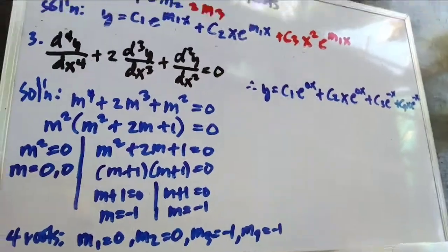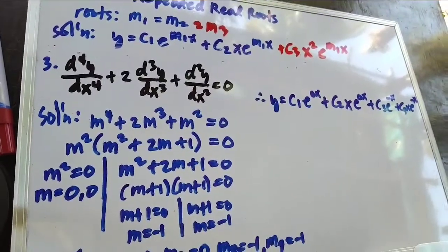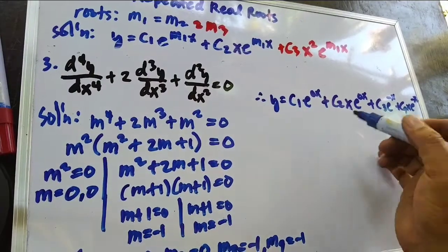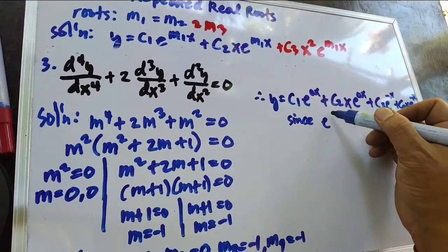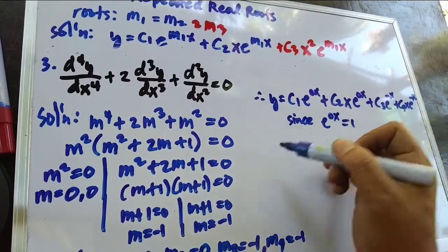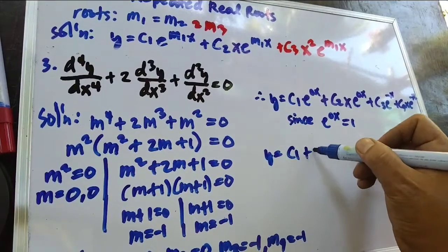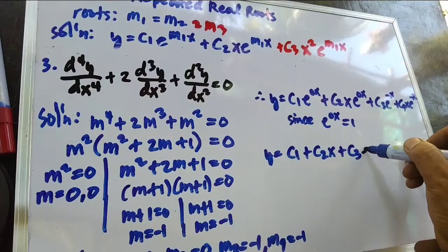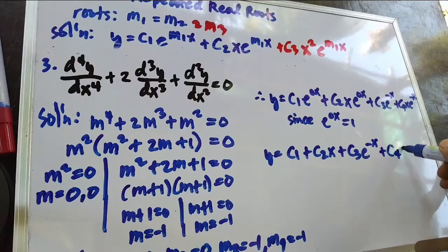Di ba klaro? Okay, very good. Simplify further. Since we knew that e to the 0x is equal to 1, you have y is equal to c sub 1 plus c sub 2 x plus c sub 3 e to the negative x plus c sub 4 x e to the negative x.